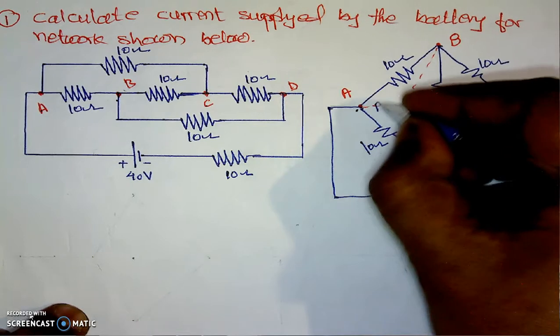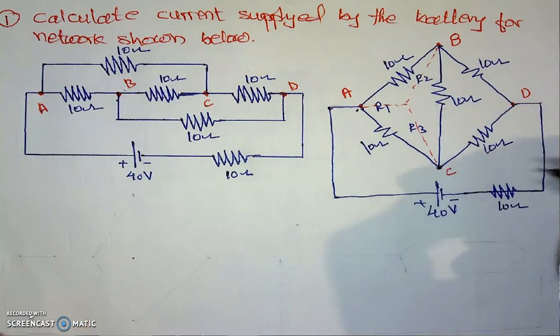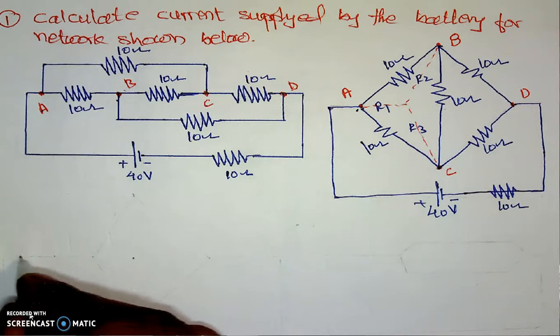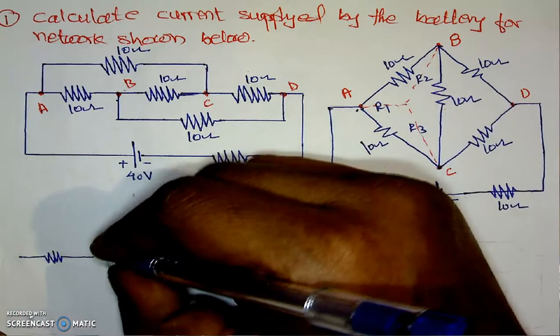Here is resistance R1, this will be R2, and here this resistance is R3. I will draw its equivalent figure first, because it is always better to draw the figure and then work out the calculation, meaning chances of mistakes can be minimized. Here I will make a connection like this. Here is one resistance which is R1.